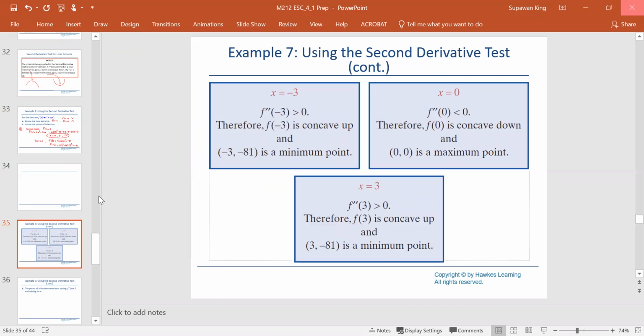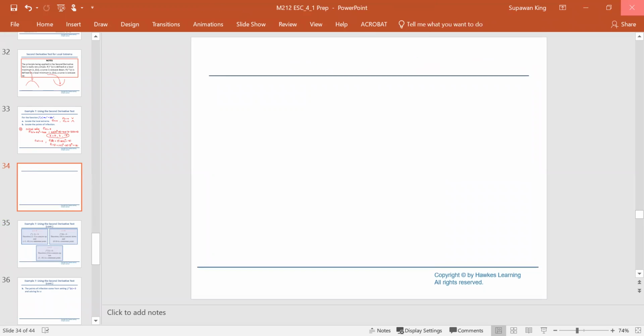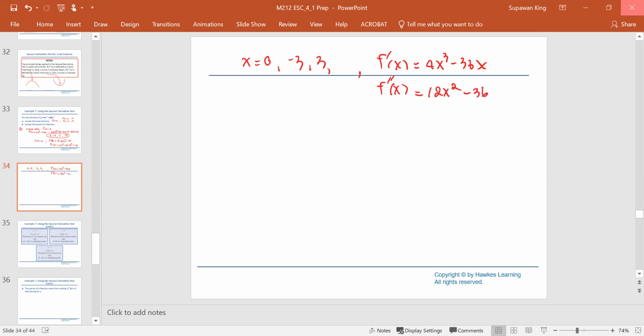Next, we're going to determine the concavity of the function at the points x equals negative 3, 0, and 3. The first derivative is 4x to the third minus 36x. To determine the local max and local min using the second derivative test, we find the second derivative, which is 12x squared minus 36.